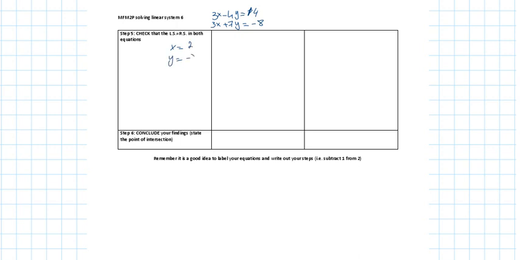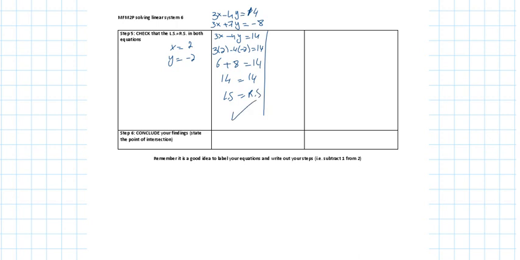Okay? So what I have to do is plug in the x and the y into the equation. So I take the first equation and I plug in 2 for x, negative 2 for the y. So that's going to be 6 plus 8. What's 6 plus 8? It's 14, right? So the left side equals the right side. So I've got the right answer compared to this one.